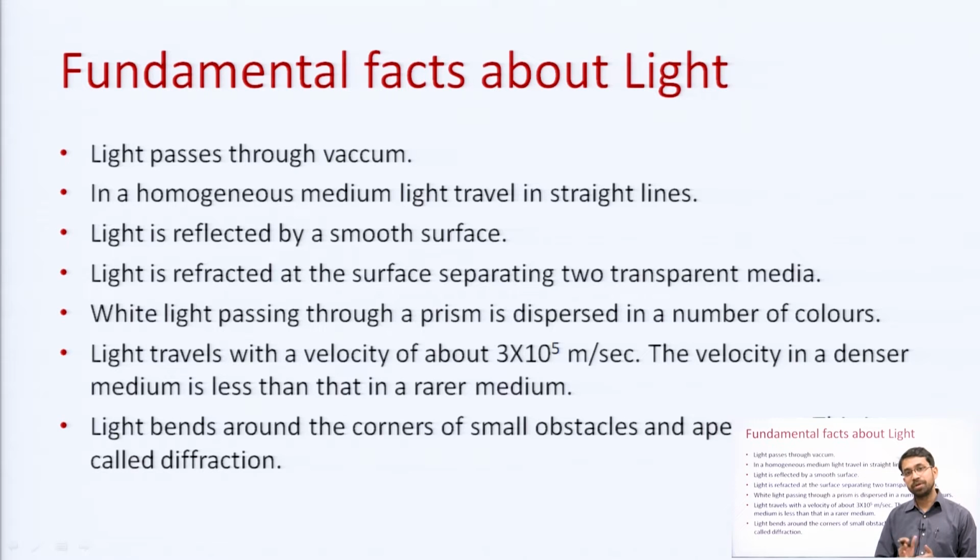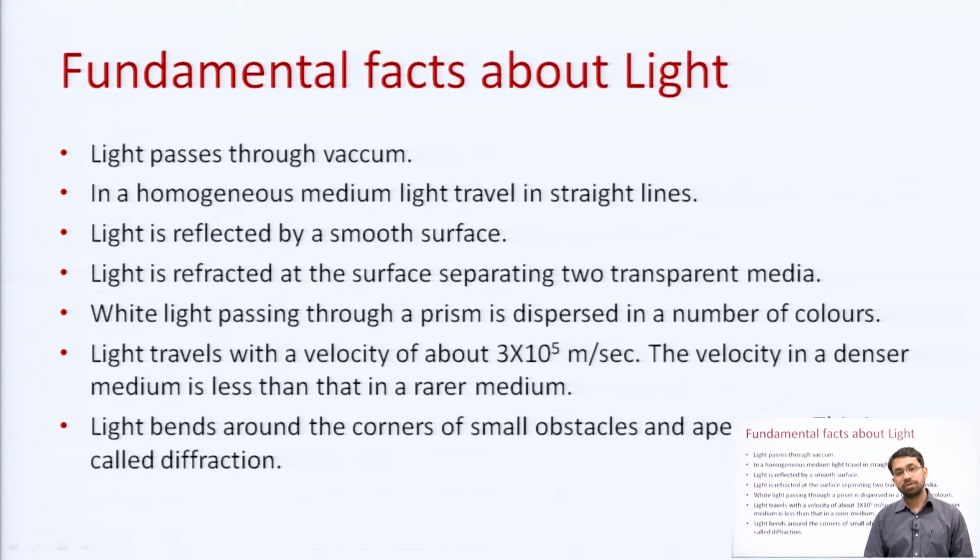You all must be already familiar with these fundamental facts, but we will make a quick revision about them. So, the first fundamental fact we all know, light passes through vacuum. How do we know that light passes through vacuum? Because there is a huge amount of vacuum between sun and earth.